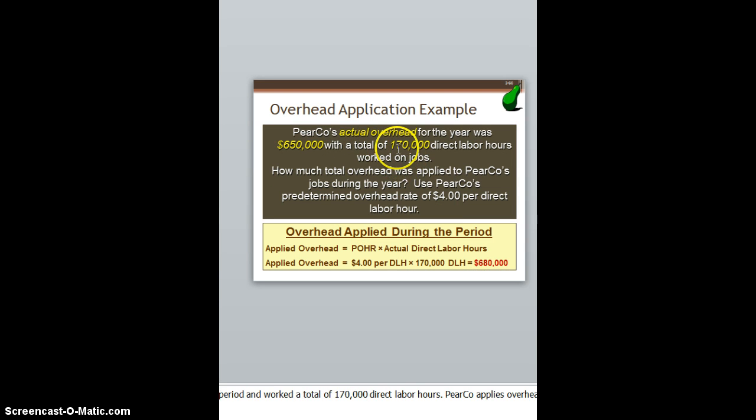If I was to go back, had the direct labor hours been 150,000 during the year, we would have applied $600,000 of overhead to all jobs.